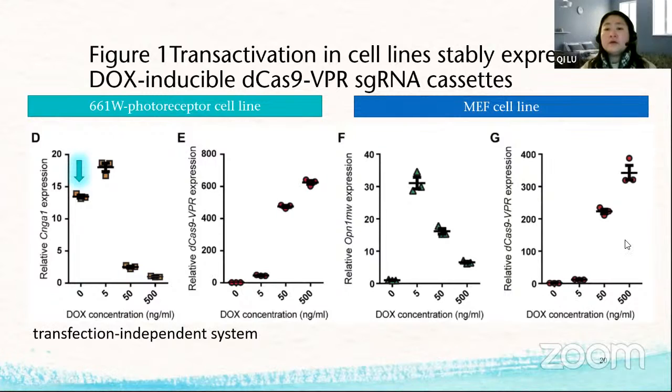Although the Cas9-VPR expression level is linear corresponding to the DOX concentration, here we can see that too much Cas9-VPR system may cause some toxicity or something that reduces the expression of the target gene.